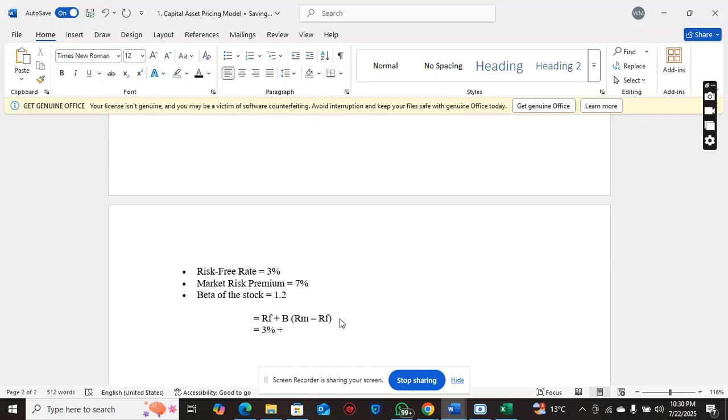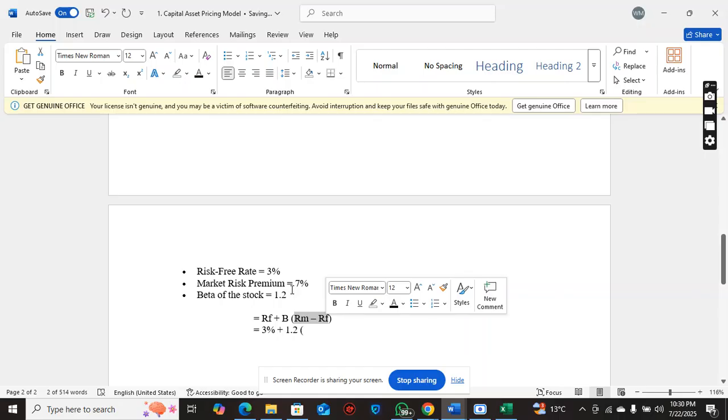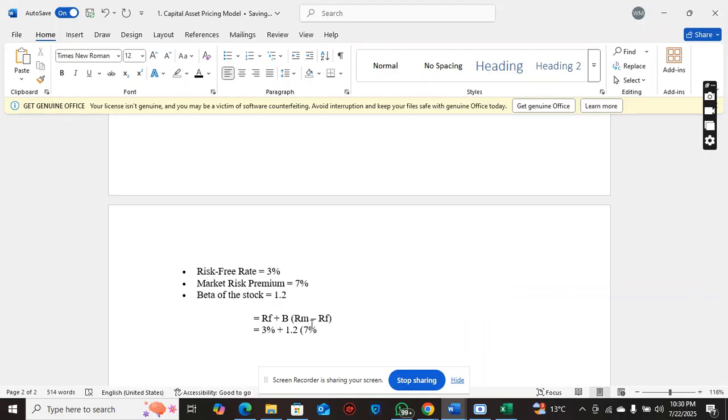Equity beta 1.2. Market risk premium: they've already subtracted the return on market minus the risk-free rate for you. So you just put here 7%. So 3% plus 1.2 times 7%, what do we get?